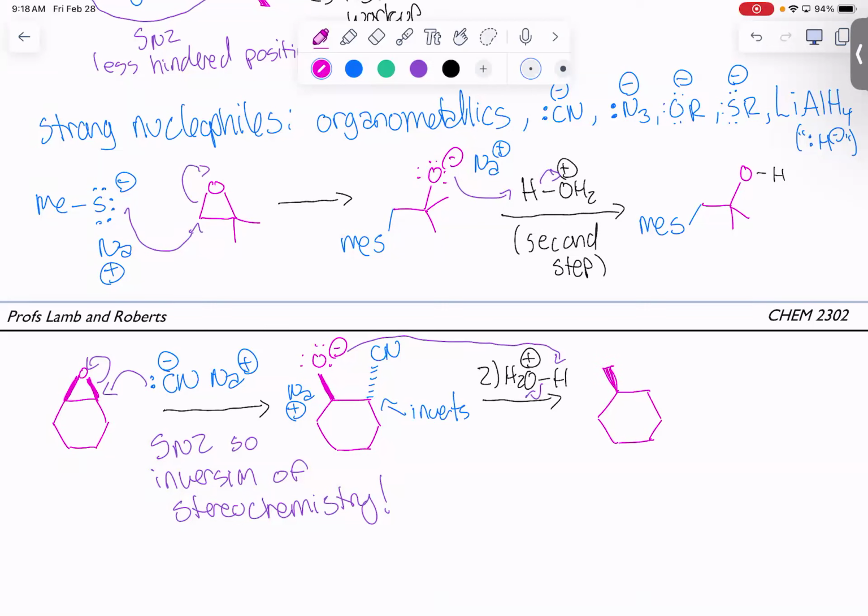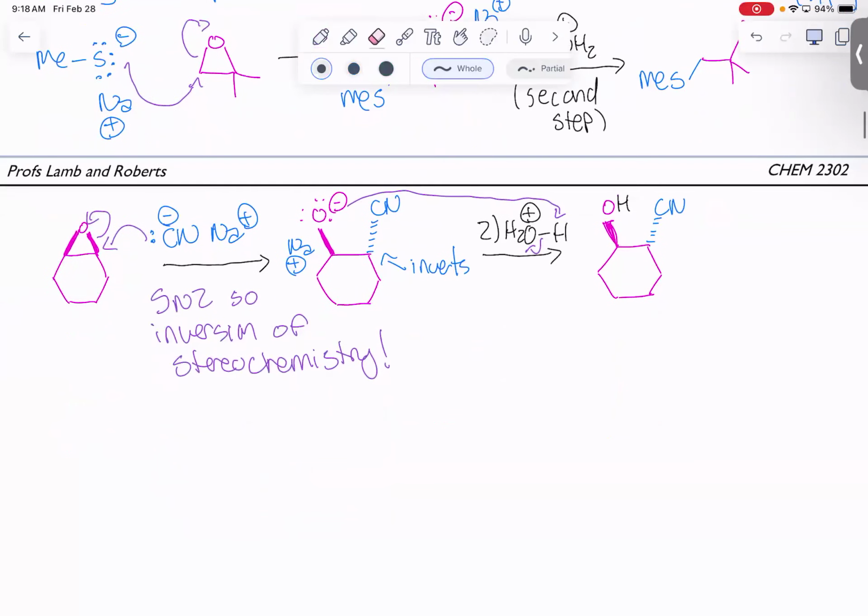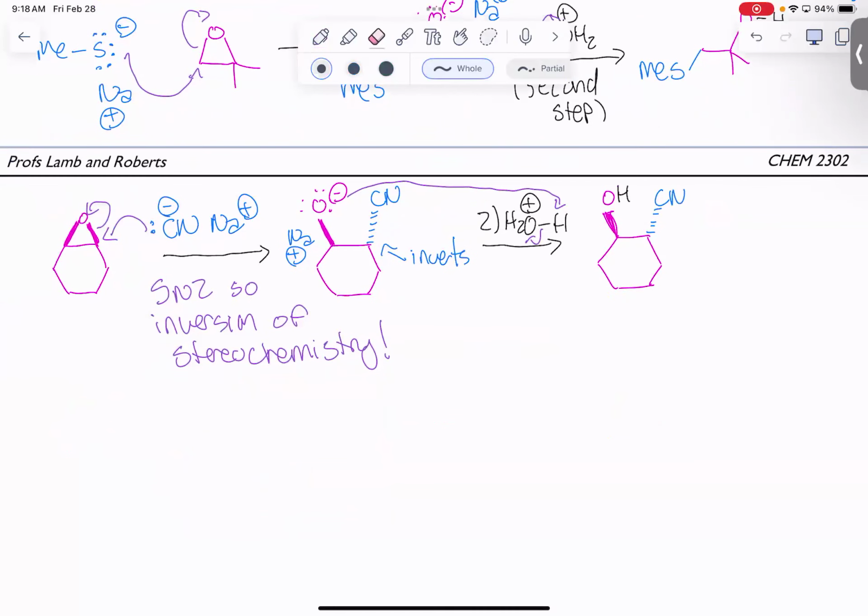No stereochemistry has changed in this case. We see that these stereocenters have not changed from the deprotonation by H3O plus. So we always need to be thinking about stereochemistry.